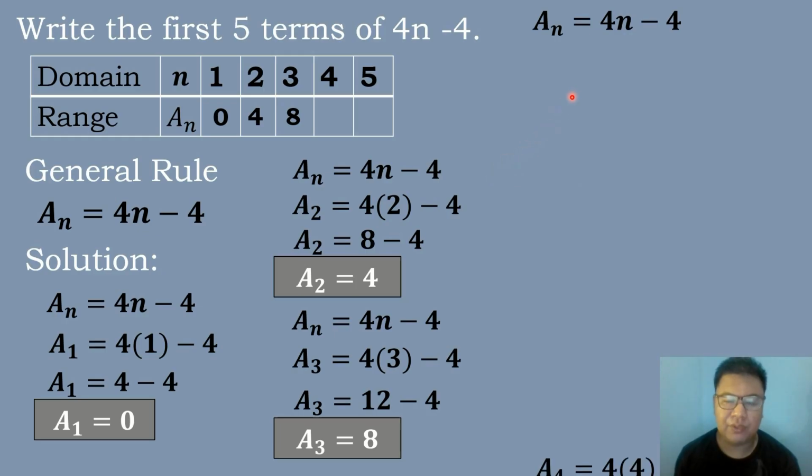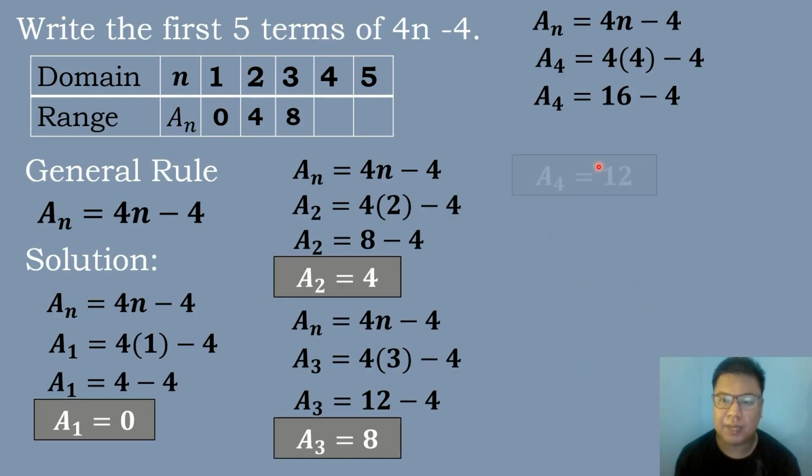And then let's compute for the value of the fourth term. Again, substitute the value of n, which is equal to 4. 4 times 4 is equal to 16, and then 16 minus 4 is equal to 12. So the value of the fourth term is equal to 12.